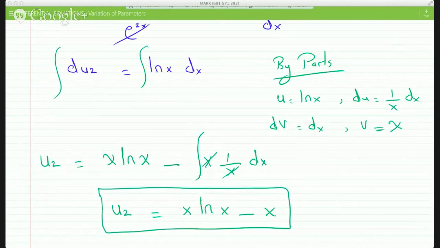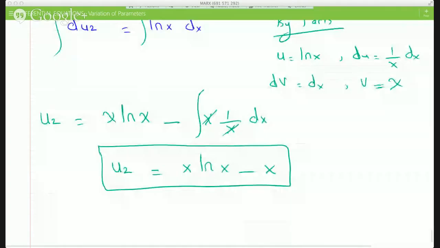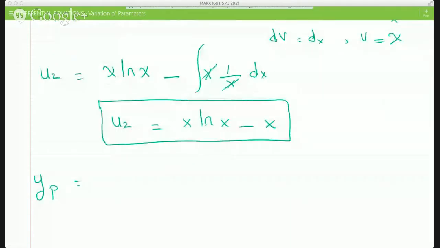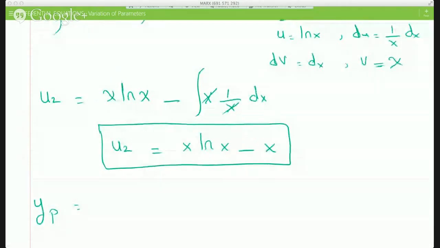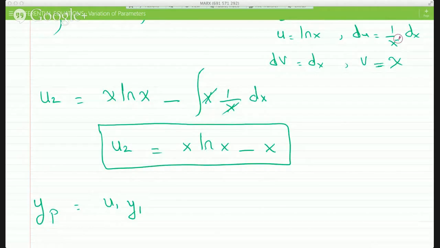That means y particular is what? We said, remember, it's u1 times y1 plus u2 times y2.